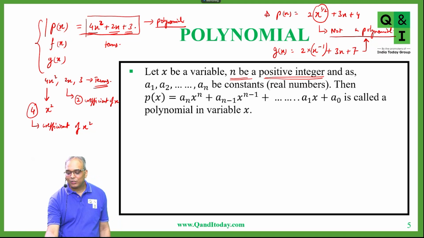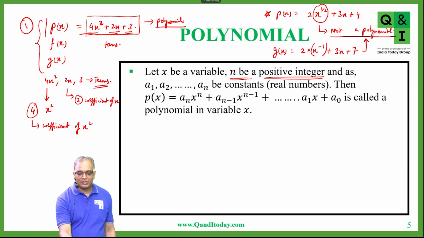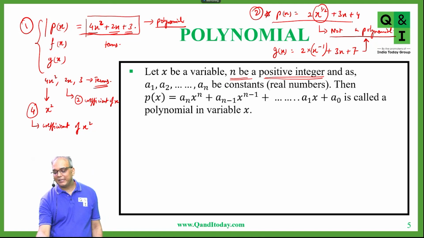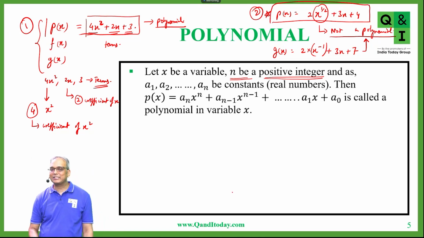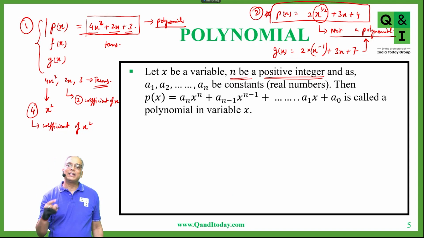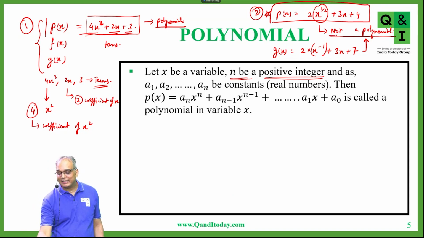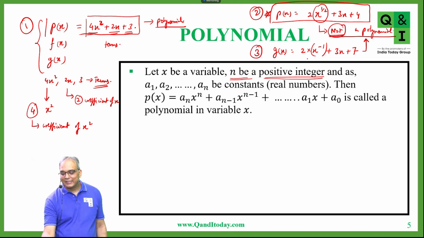But let us take two more examples. This was your first example. Let us take this second example. Here the polynomial p(x) is 2x raised to the power 1 by 2 plus 3x plus 4. Here the power of x is 1 by 2, which is a fraction and not a positive integer. That's why this is not a polynomial. Similarly, in another third example, g(x), here the power of x is minus 1.